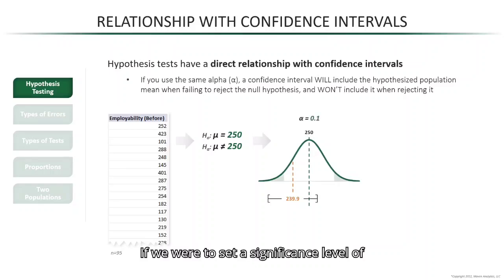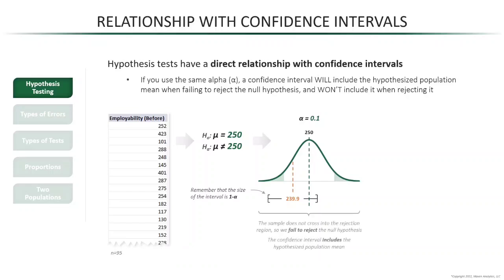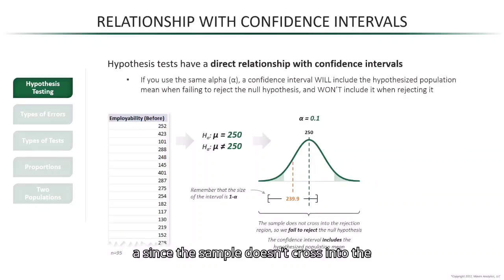If we were to set a significance level of 0.1, then this would be our confidence interval. Now remember, the size of the interval is determined by the confidence level, which is 1 minus alpha. So here's what this would tell us. Since the sample doesn't cross into the rejection region, we fail to reject the null hypothesis.